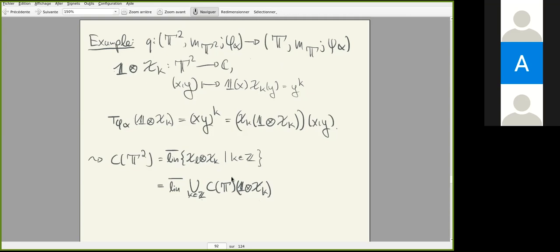And then we take this module operation which comes from the factor. So this allows us then to write here, instead of the 1, an arbitrary function. And then, of course, we get, in particular, all of these functions here, and hence all of the continuous functions on the two-dimensional torus.